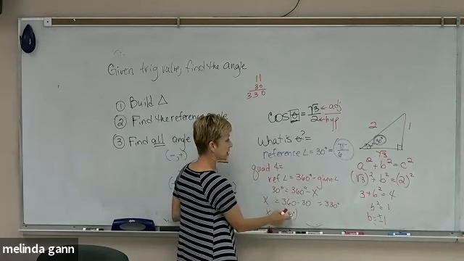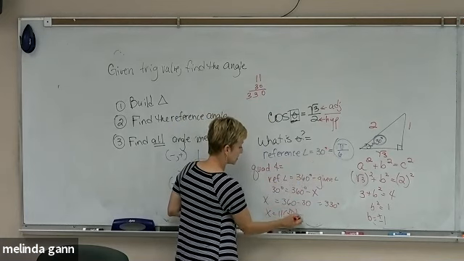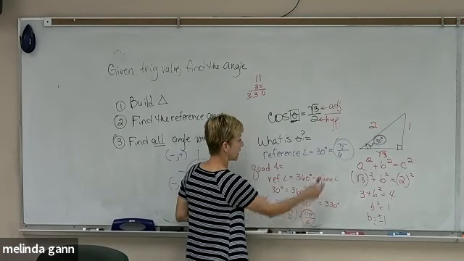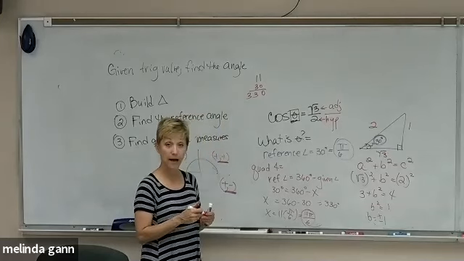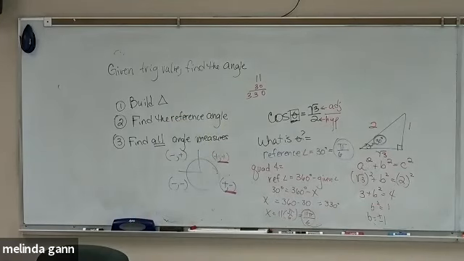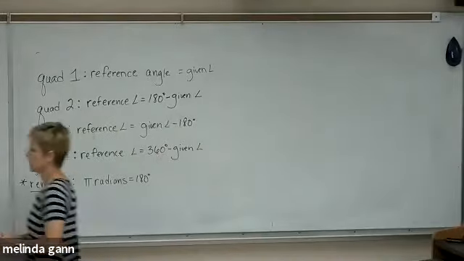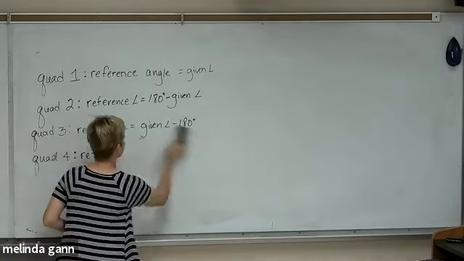But now what was 30? 30 was pi over 6. So I get 11 pi over 6. So my two angles are pi over 6 and 11 pi over 6. All right, let's do one more real quick. And hopefully this will be enough to get you started on that review sheet.